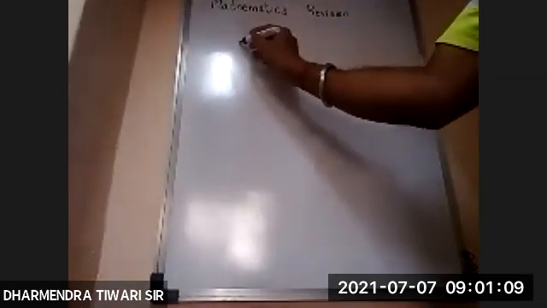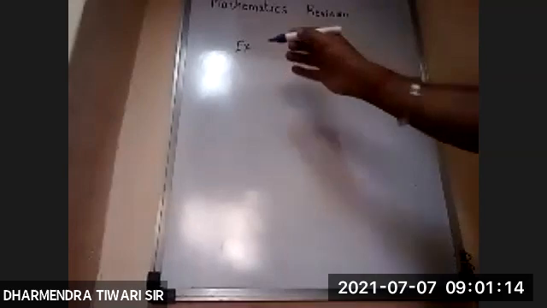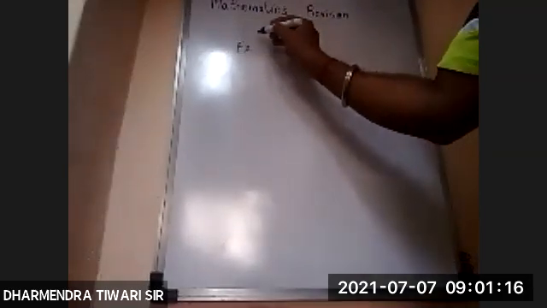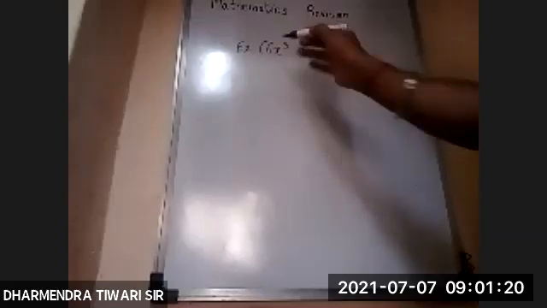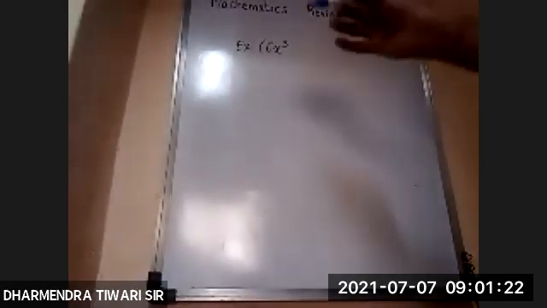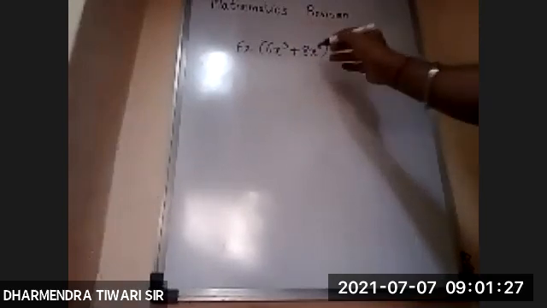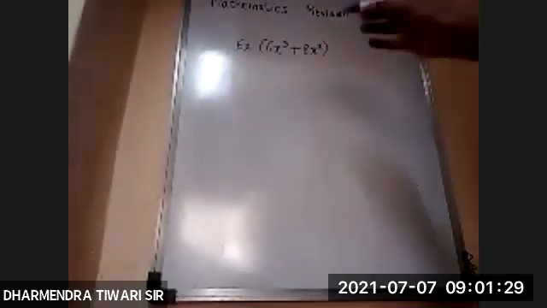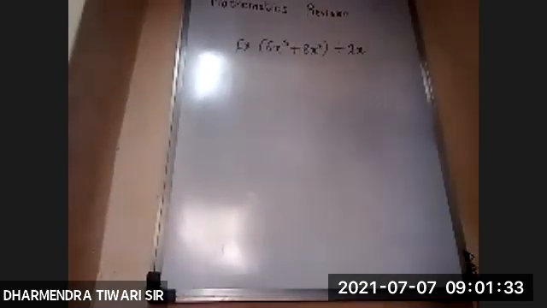Example, say 6x cubed plus 8x square divided by 2x.